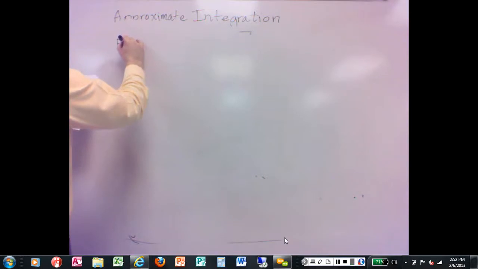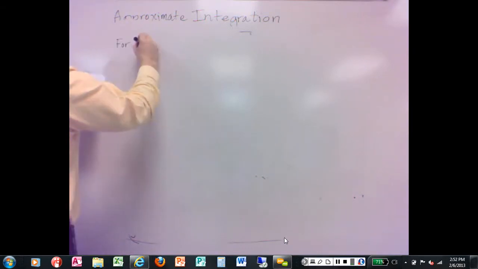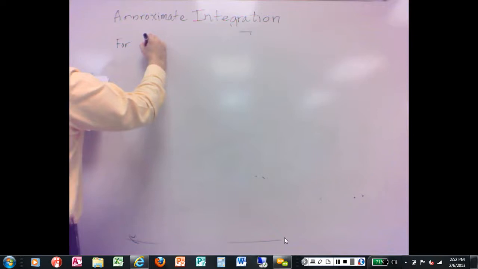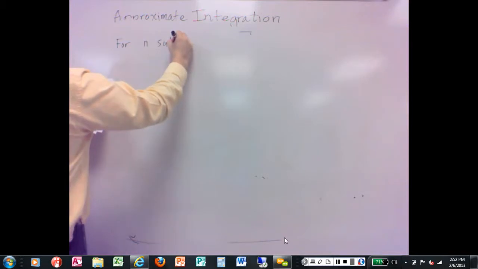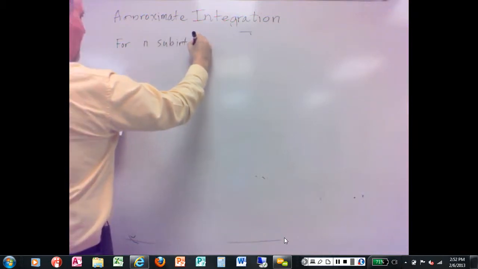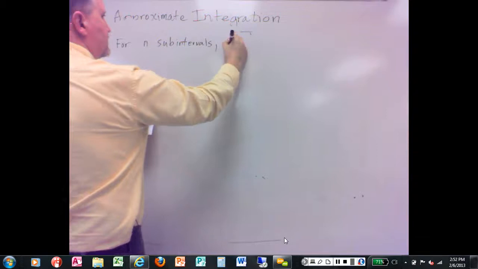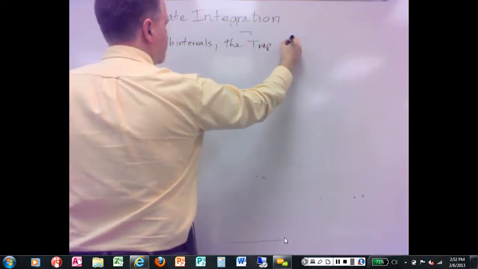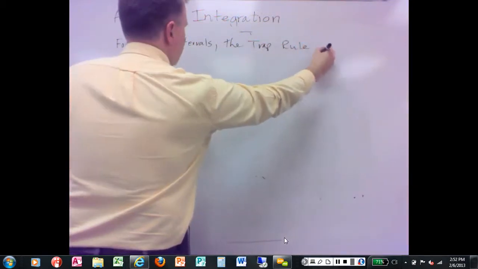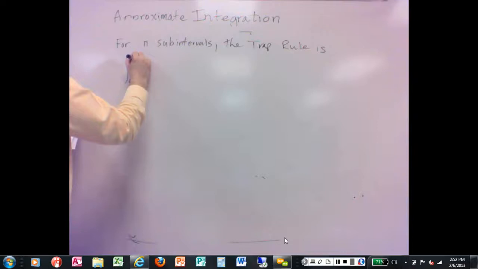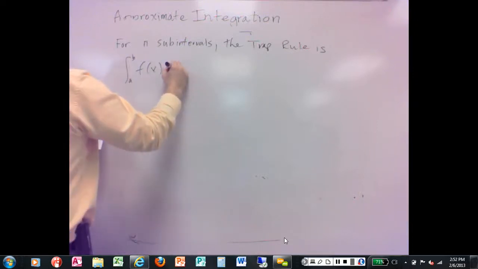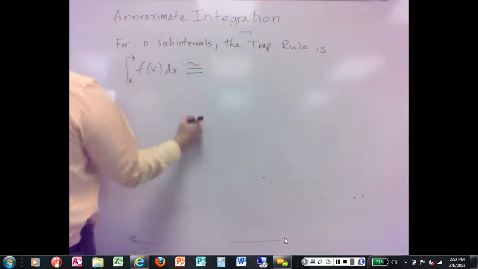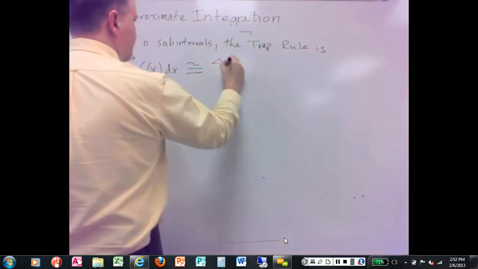For n subintervals in your approximation, the trapezoidal rule works like this. The integral a to b f of x dx is approximately equal to delta x over 2.